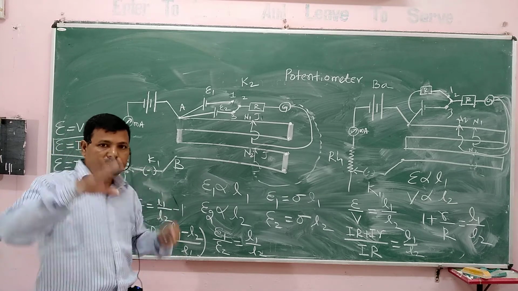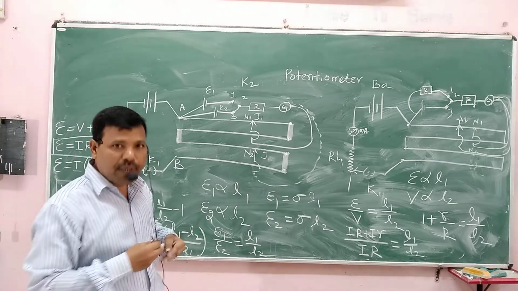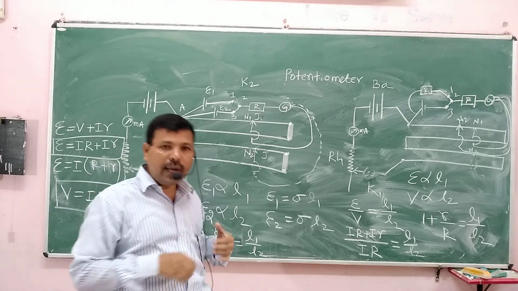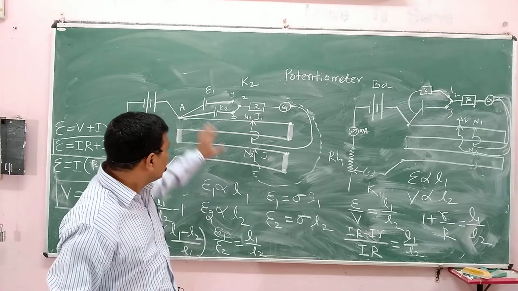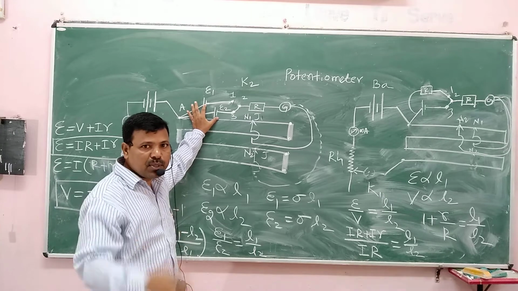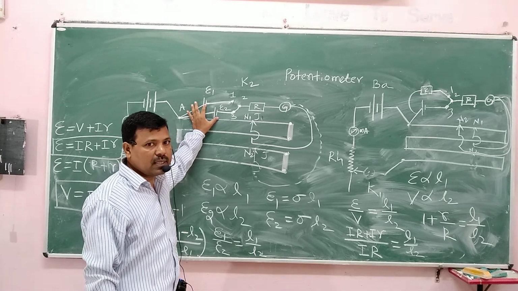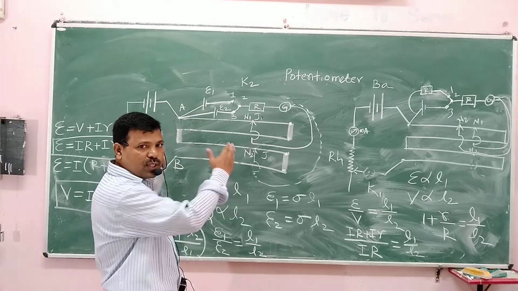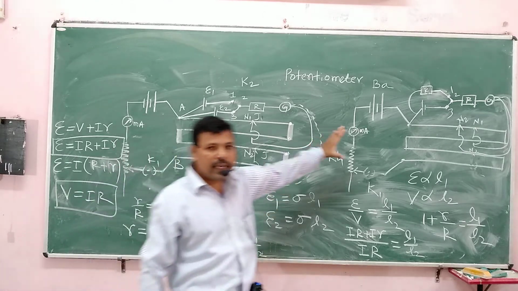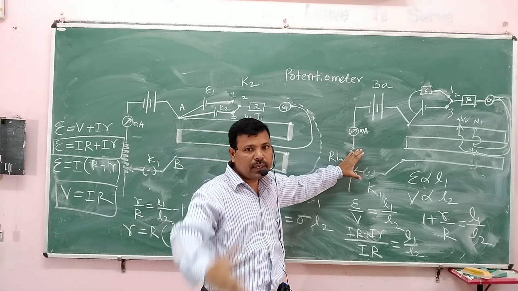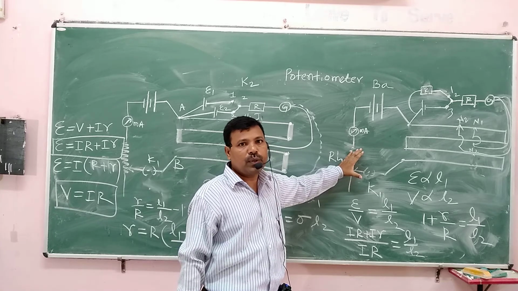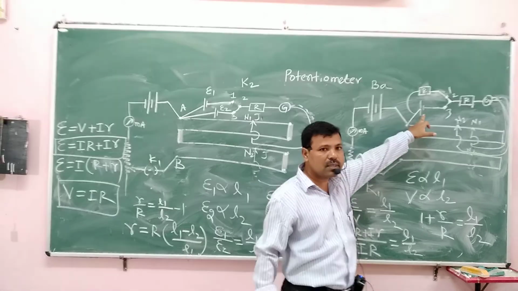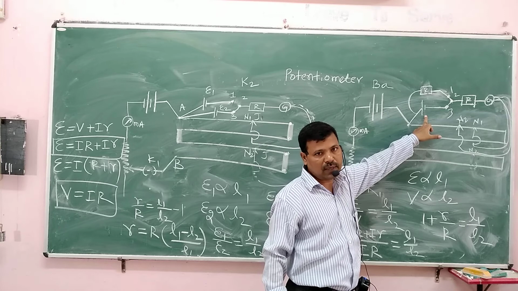So I conclude that the potentiometer is a device which is used to compare the EMFs of two given primary cells. That is the first part of the experiment. Second, the potentiometer is also used to determine the internal resistance of a given primary cell.